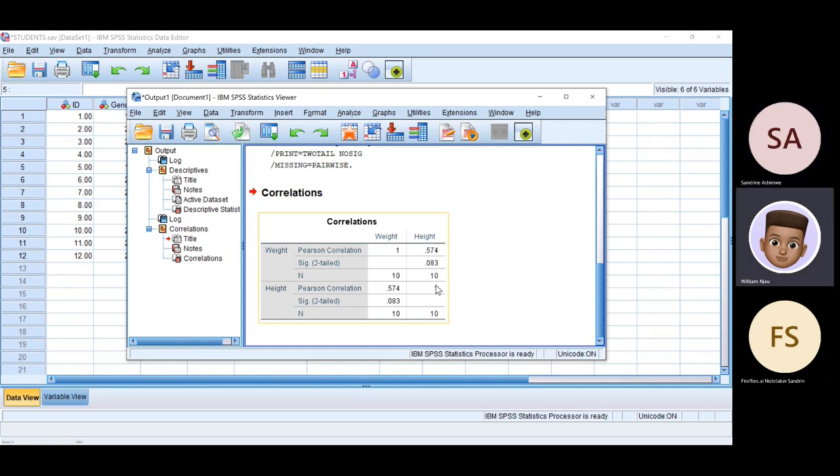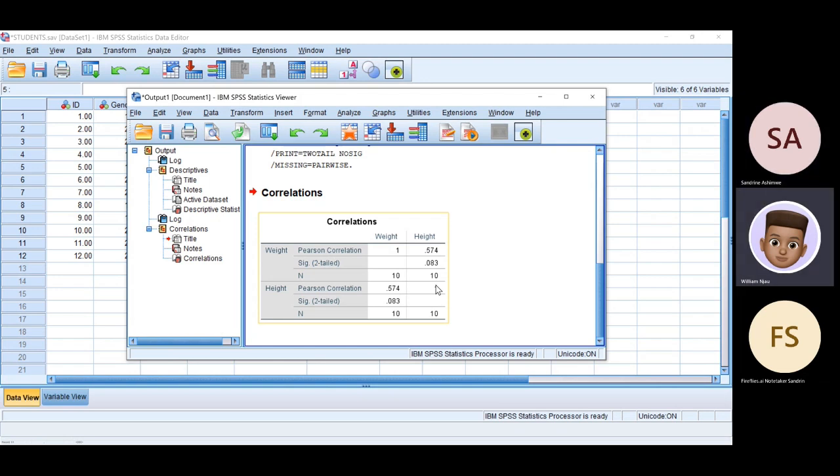Now when you're looking at the first column on the left, the one in gray, SPSS is telling you what those values are. The first thing it shows you is the Pearson correlation value. In other books, they might call it R. That's the R value.